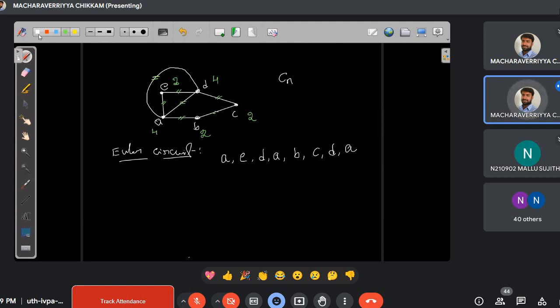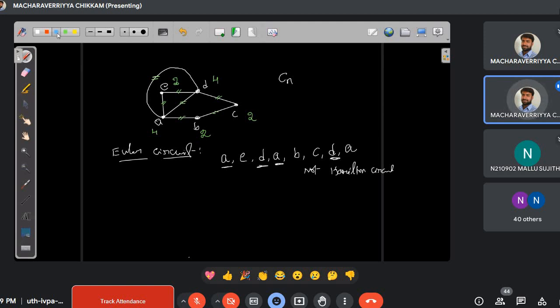But remember, this is not a Hamilton circuit, because the vertex A is repeated, and not only vertex A, D is also repeated in the Euler circuit.